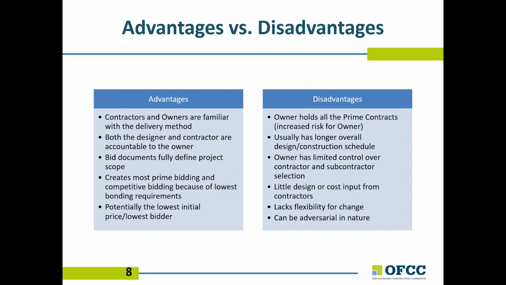Another disadvantage is that owners have little flexibility in choosing both the prime or lead contractor and its subcontractors in comparison to other delivery methods. Implementing change during construction is complicated by coordinating the impact across multiple trades. Finally, this delivery method is the most adversarial in nature.